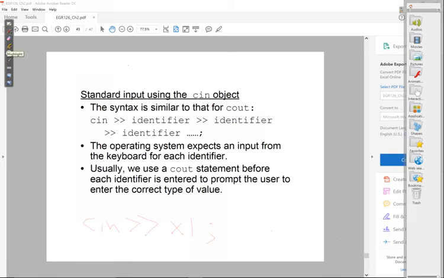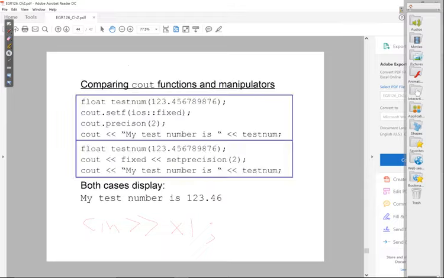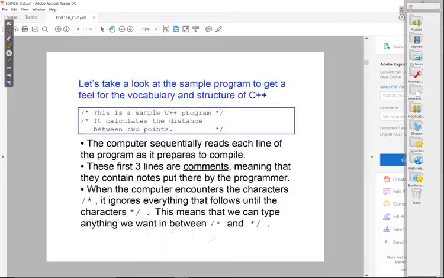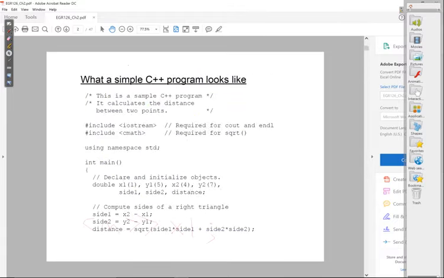Instead of having these values for x1, y1, x2, and y2 typed directly into the program, we want to replace those with a bunch of cin commands. And I will show you exactly how that's going to work.